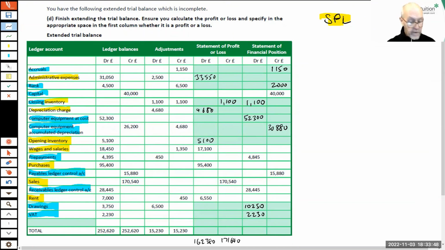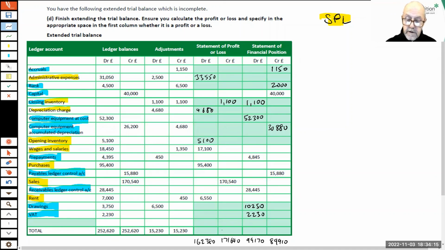The total of the debits here comes to 99,170. And the total of the credits here comes to 89,910. So the difference between statement of profit and loss columns is 9,260.